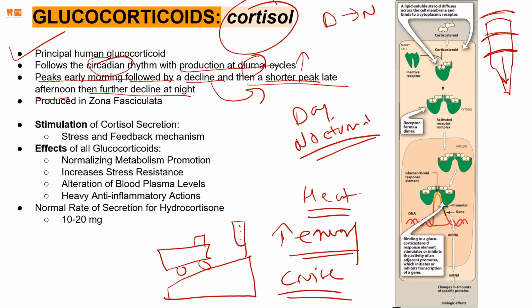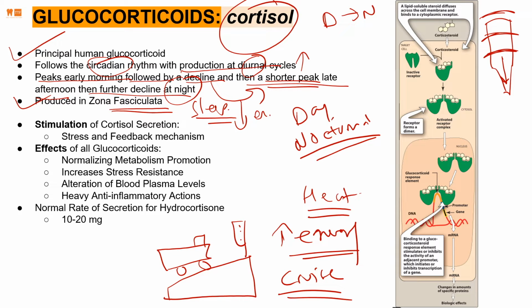You need a peak of energy. So there's a shorter peak late afternoon, and then a decline at night because we want to sleep at night. We don't want energy at night, we just want to sleep. So low energy. Okay, it's produced in the zona fasciculata.